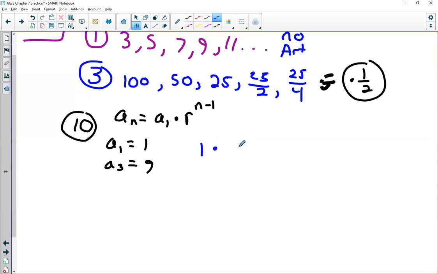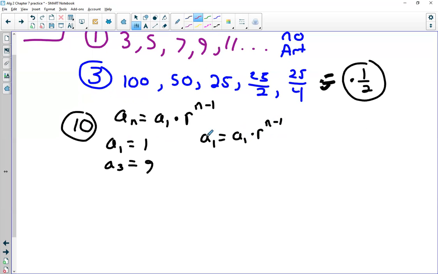That's the equation for multiplication and division, which is geometric. So a_n equals a_1 times r to the n minus 1.